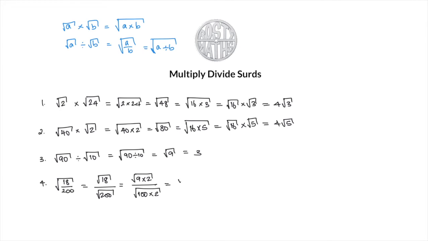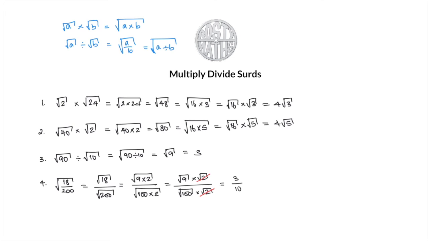This then means I've got the square root of 9 times the square root of 2 over the square root of 100 times the square root of 2. These two root 2s will cancel out, because you've got the same thing dividing by itself, so it becomes 1. Then the square root of 9 is 3 and the square root of 100 is 10. So the answer to this is 3/10.